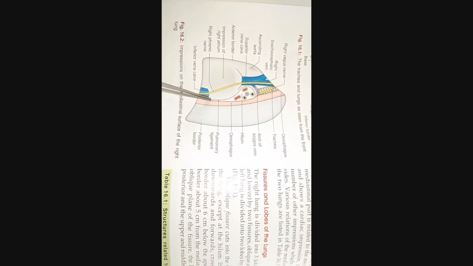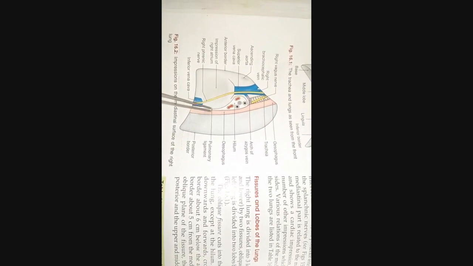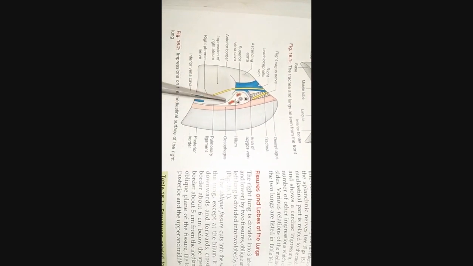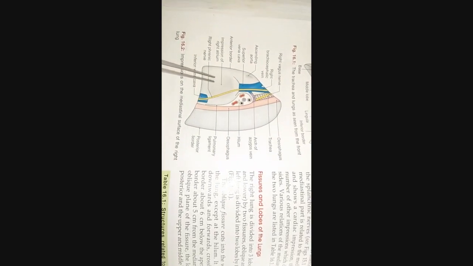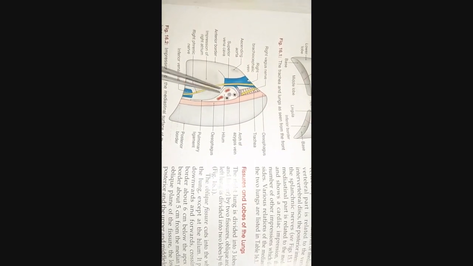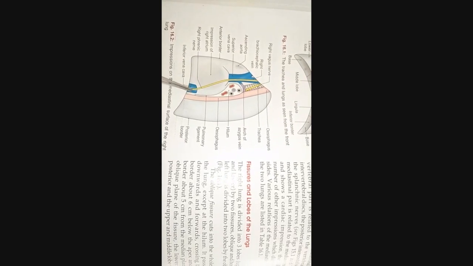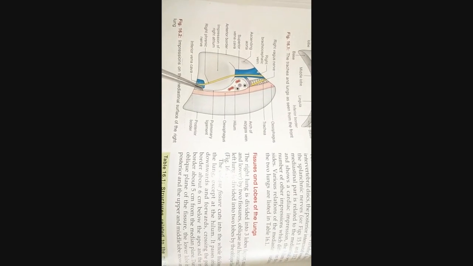In the lower part, this is the pulmonary ligament. In front of the hilum and pulmonary ligament, this area is related to the right atrium.